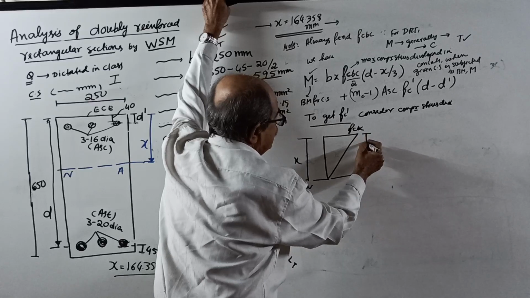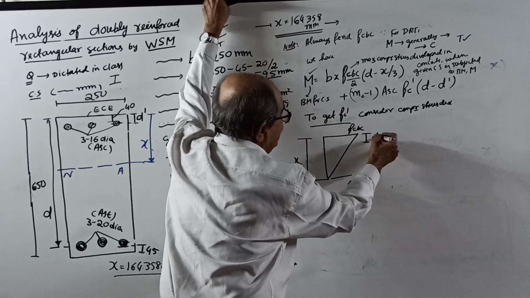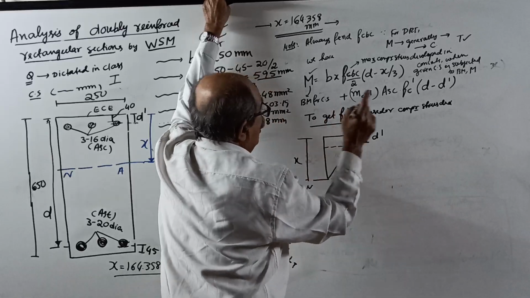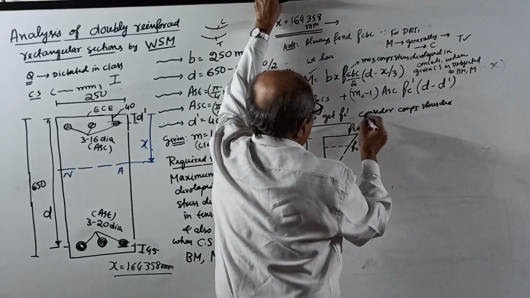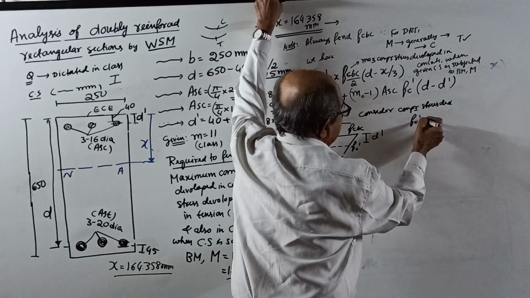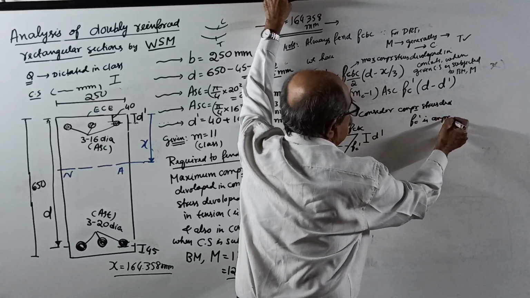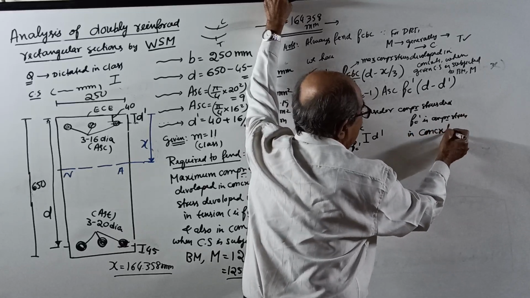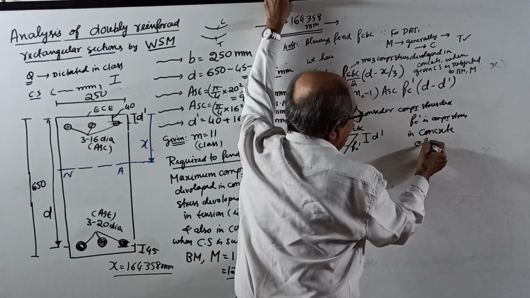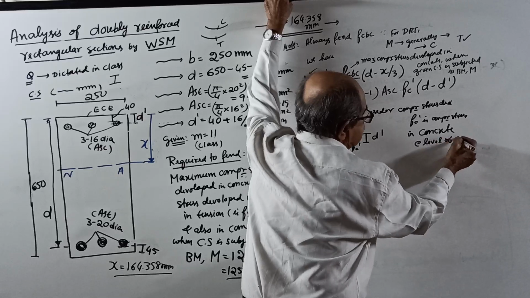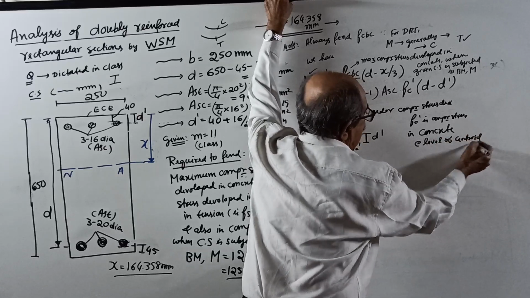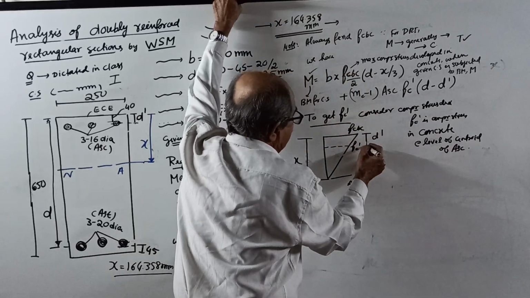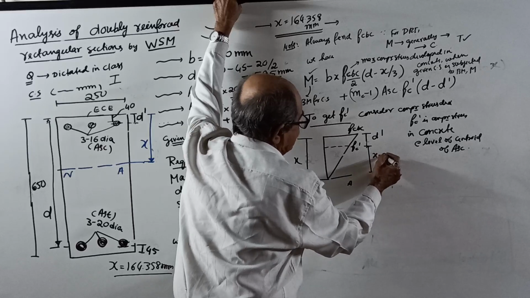From here, come further this side by D dash. When you come here, the stress that comes is FC dash. FC dash is compressive stress, remember, in concrete, not steel. In concrete, at the level of the centroid of compression steel ASC.